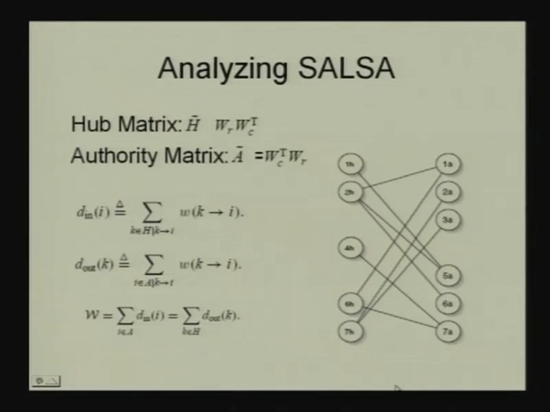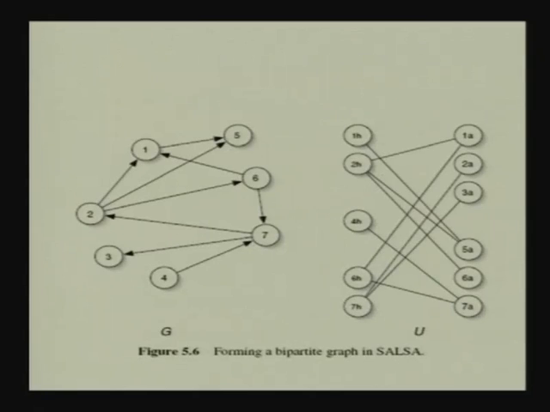Can you relate it to some property of the original graph? I am asking, in this particular graph, the sum of the degrees of all the hub nodes, say 1H, 2H, is equal to what property of this graph? That's the number of edges. It's clear to everybody that that's the number of edges.